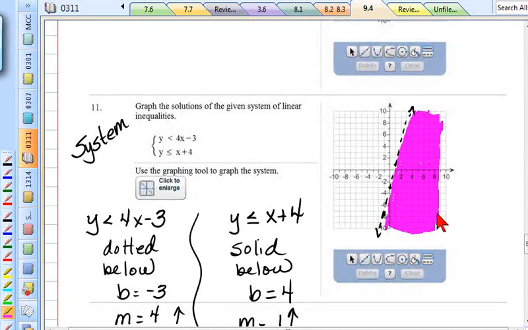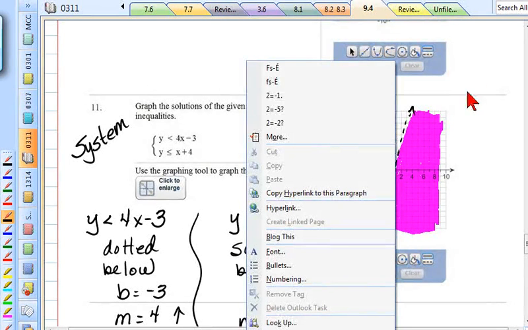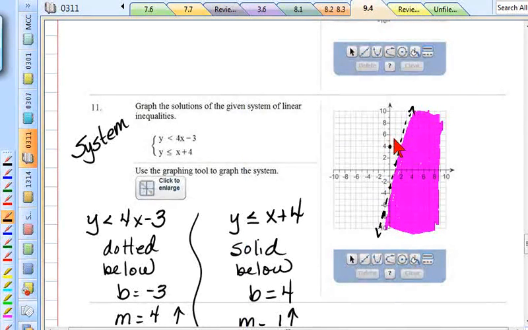All right, second one, I have a solid line that begins at 4. From there, I go up 1, right 1. Draw a solid line.